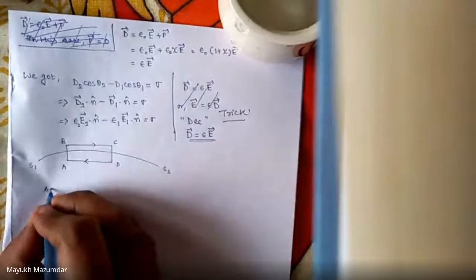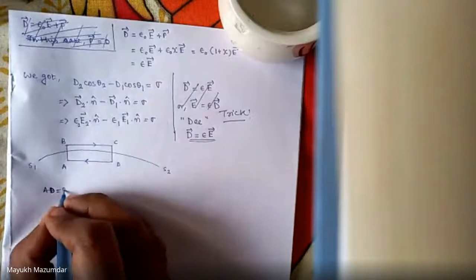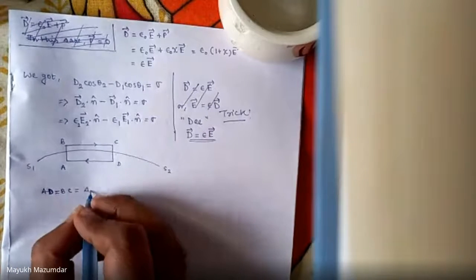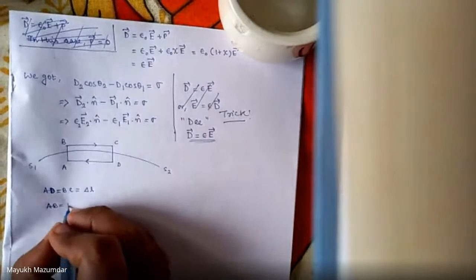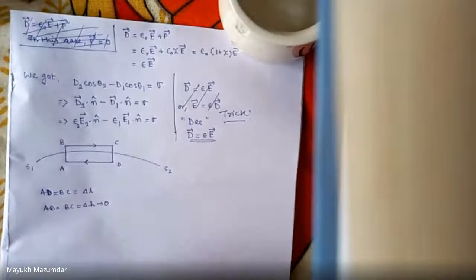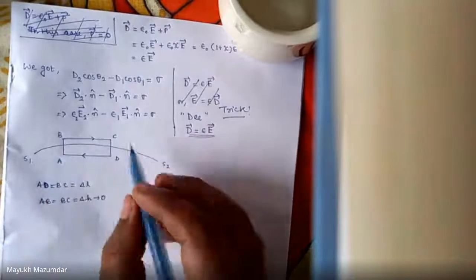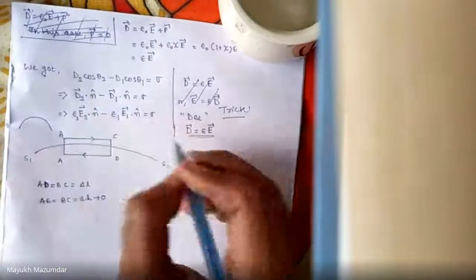So the length AD is equal to BC, say it is delta L, and the height is delta H, which is tending to 0, that is, negligibly small. Why? The surface is not always necessarily a straight line. It can be like this, the boundary.